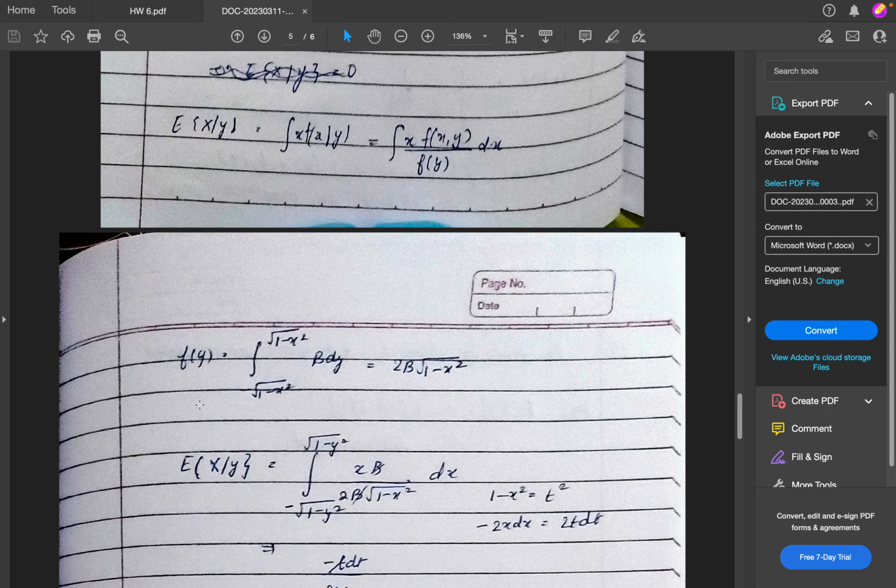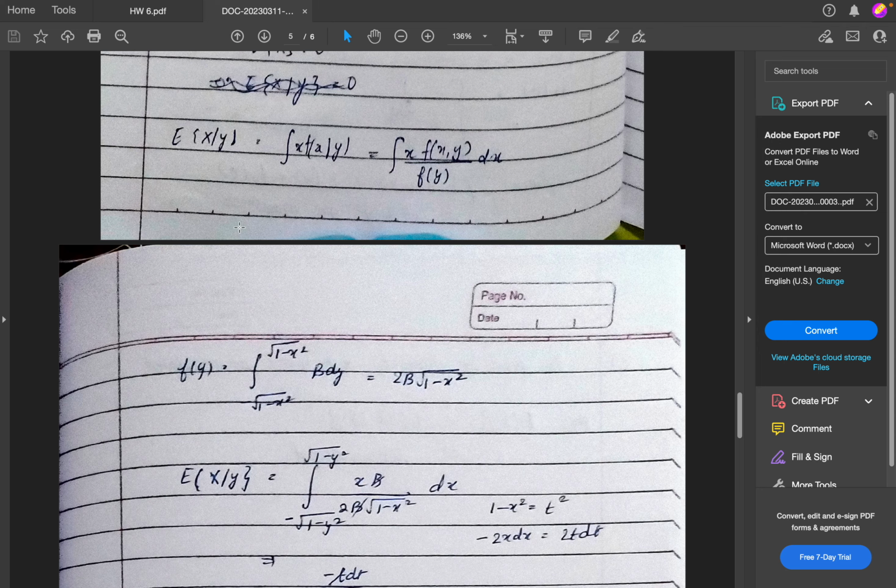Now first let's find f of y. So f of y is basically the integral of b dy, where y ranges from minus under root of 1 minus x square to under root of 1 minus x square. So this will be equal to 2b under root of 1 minus x square.